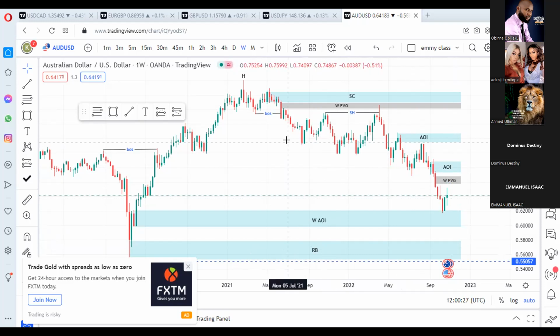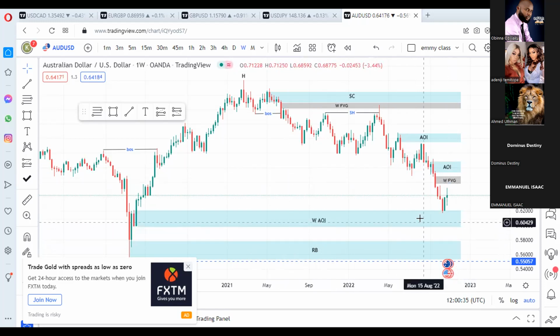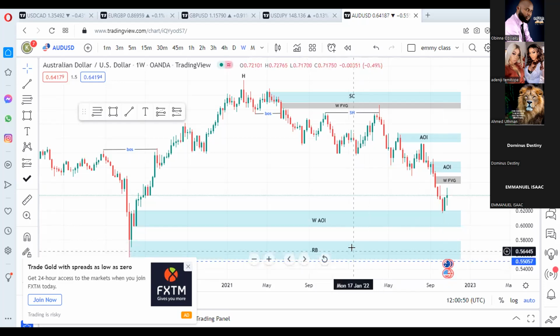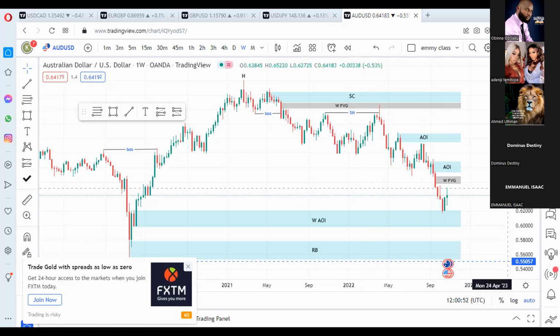To sweep the whole low, I don't see any area of interest. They remove all those areas of interest. They are targeting that, so there's no area of interest on the sell side. The low is their target, market maker sell model. So delete all those areas of interest and rejection blocks. Target just that low. They're coming to sweep that low. Delete everything. There's no area to buy.